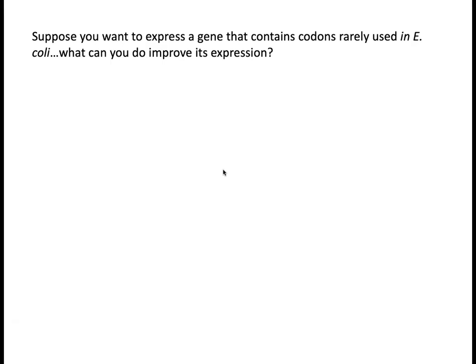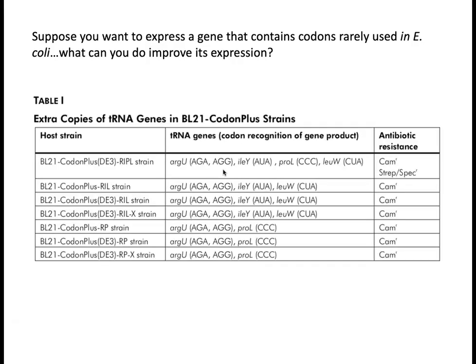Okay, so suppose you have a gene that contains rarely used codons and you want to express that gene in E. coli. What are things you can do to improve its expression? I'd say there are really 2 main strategies. One is you can add a plasmid that contains extra copies of the tRNA genes that are rarely used. One of the commonly used plasmids is called RIL.